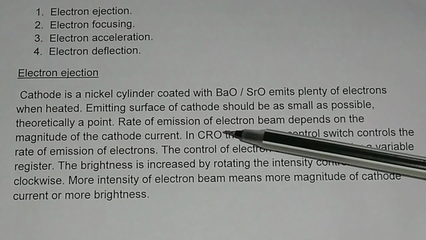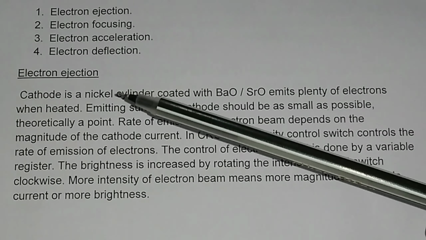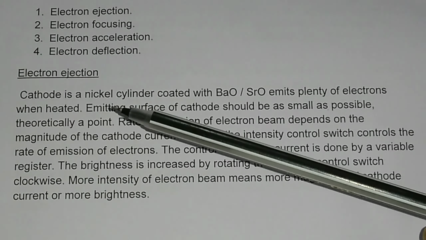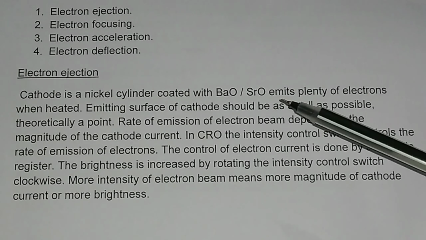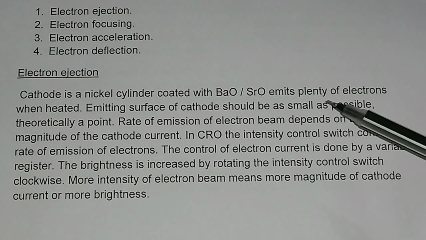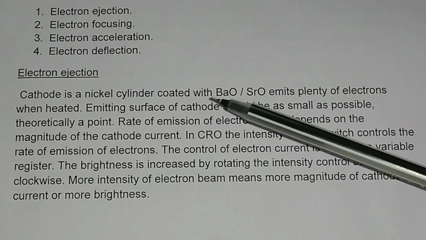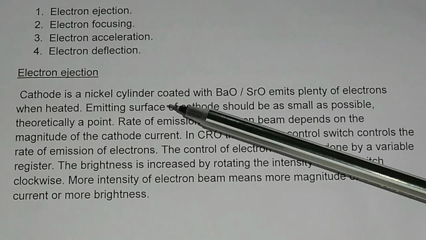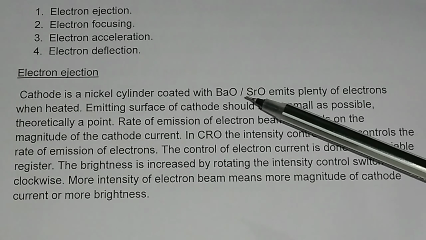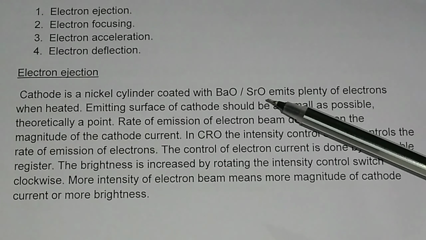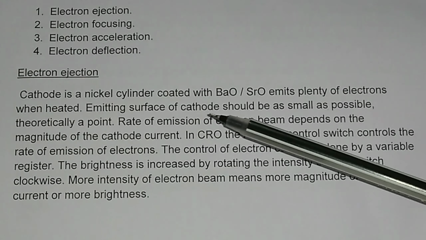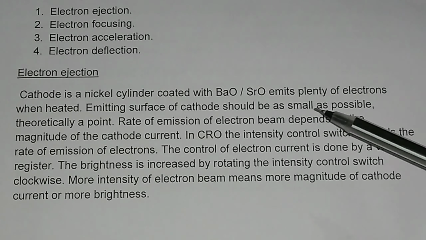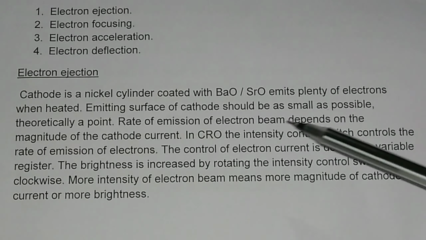So first let us discuss electron ejection. We know the cathode is a nickel cylinder coated with barium oxide or strontium oxide, and it emits plenty of electrons. When the cathode is heated, electrons come out. The emitting surface of the cathode should be as small as possible.